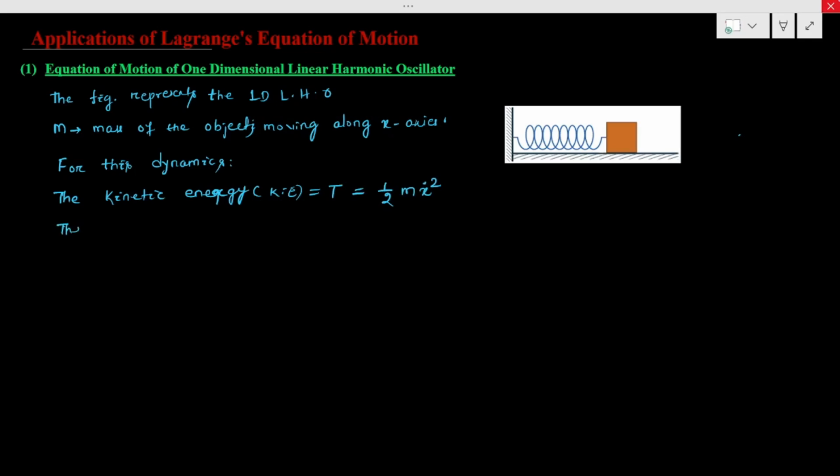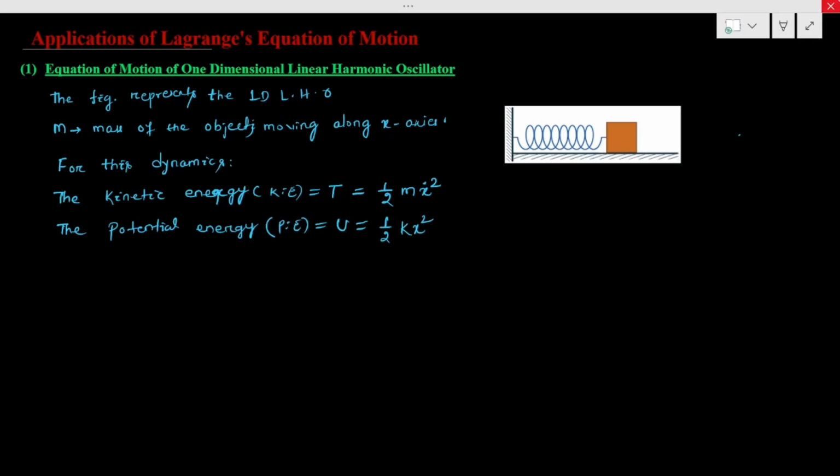The potential energy, capital U, equals half k x square. So here we found the kinetic energy and the potential energy.